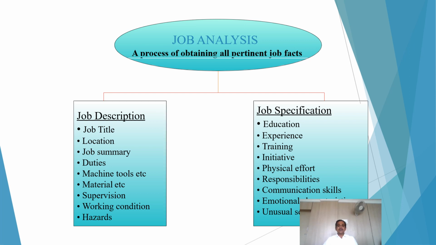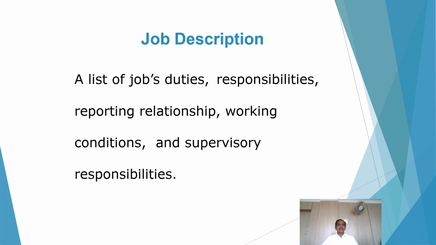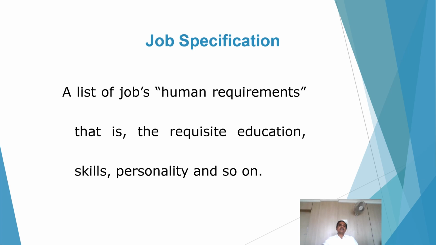Then responsibility, what kind of communication skills, then emotional competency, and so on and so forth. This job description gives a list of job duties, responsibilities, reporting relationship, working condition and supervisory responsibility.